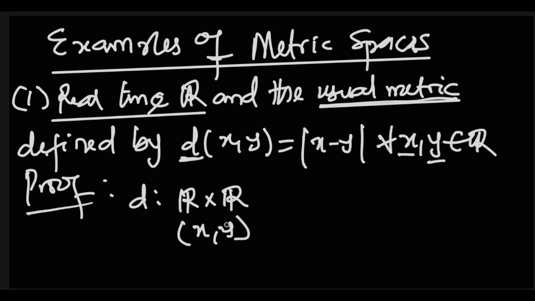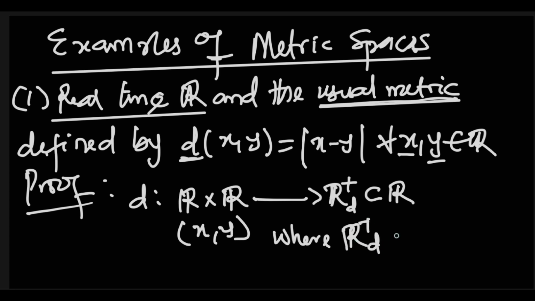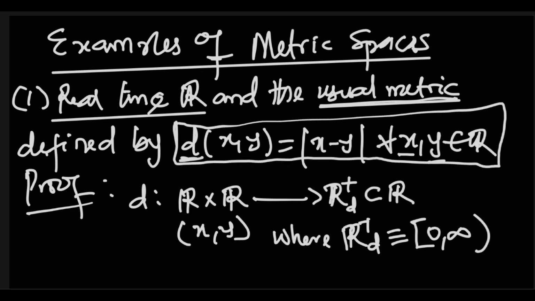The Cartesian product of reals goes to the non-negative reals, a subset of the reals. Remember, your distance can be 0, and it is less than infinity. This is defined as the usual metric in R.